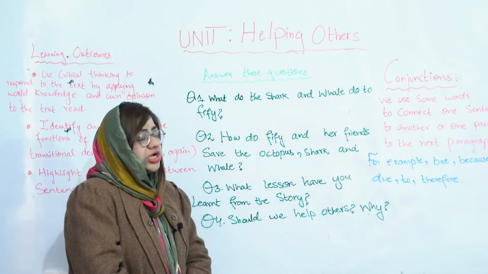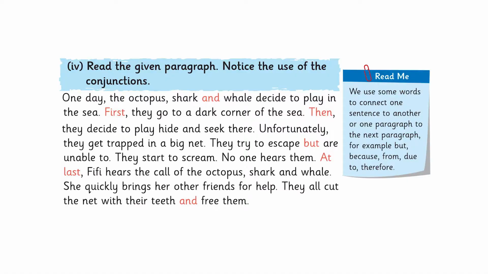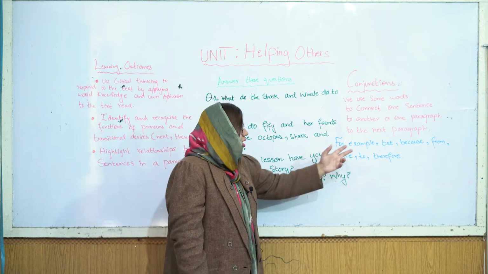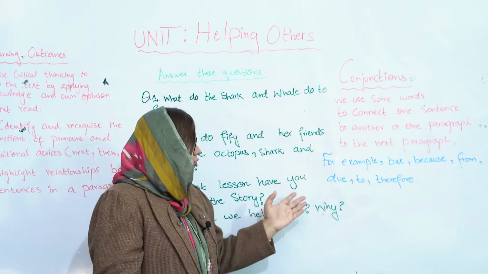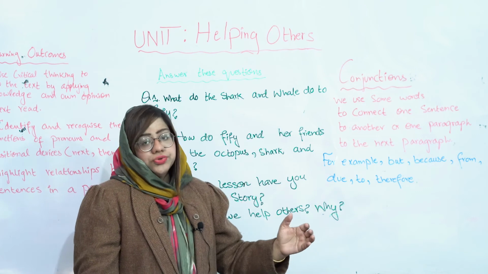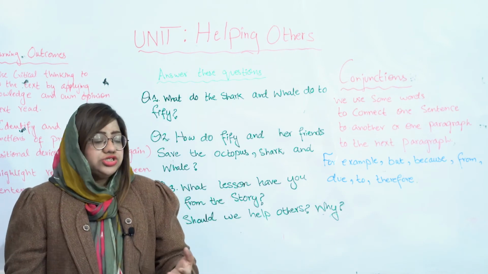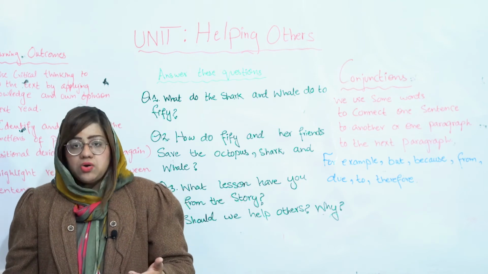Let's have a look. What are the types of conjunctions? For example, but, because, from, due to, therefore. And there are so many conjunctions that we use nowadays.